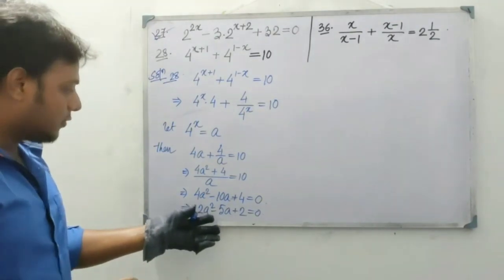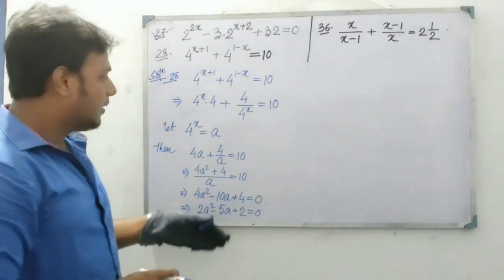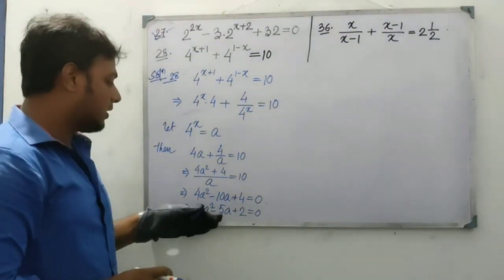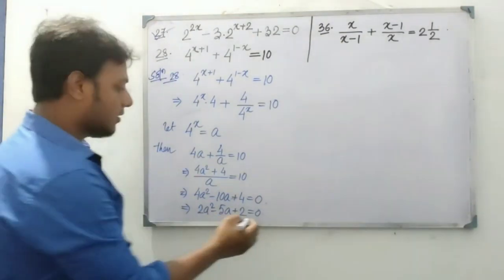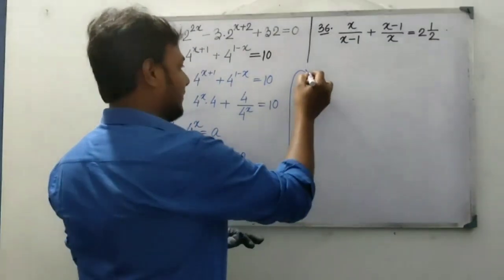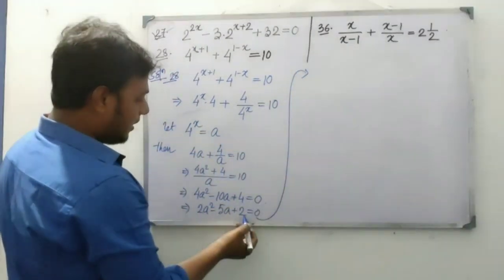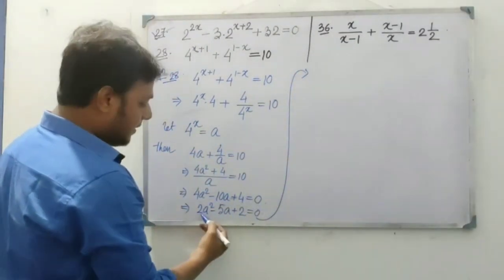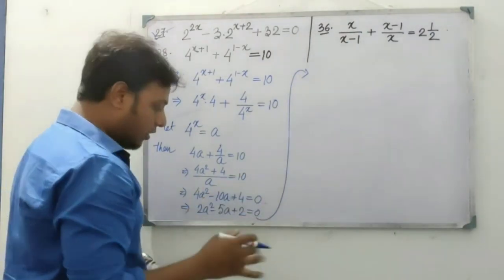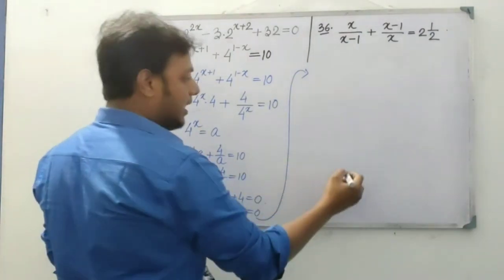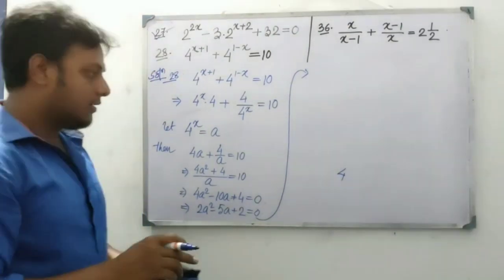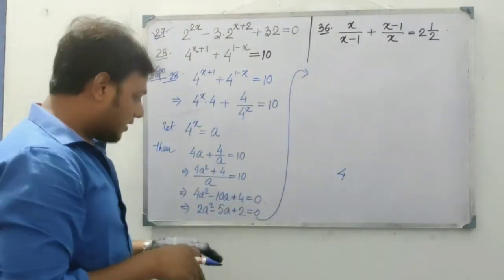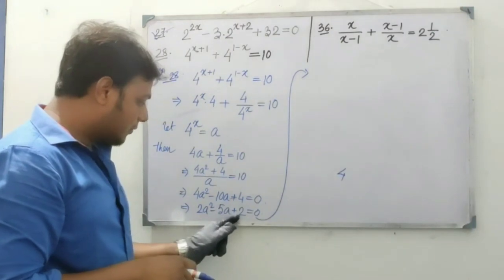After that you have to solve for a, then you have to put 4 to the power x in the place of a. Okay, I am solving. Now, middle term splitting: 2 into 2, if you multiply the extremities then it will be 4, and you have to break 4 into 2 factors which, after adding, match 5.